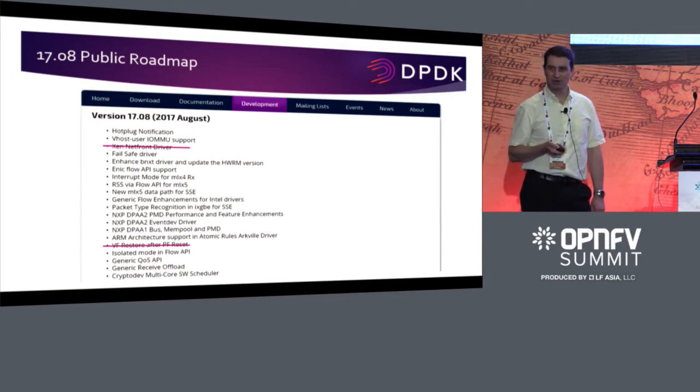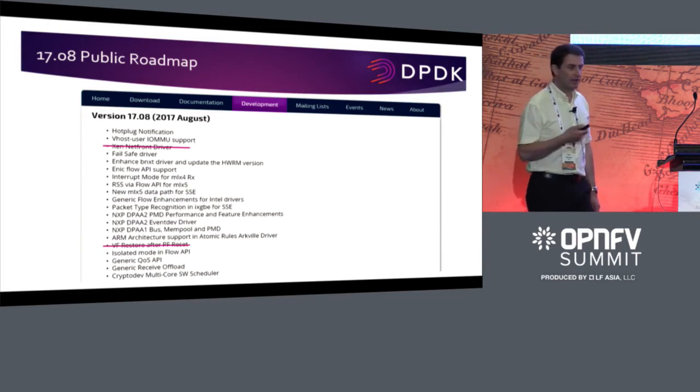The Zen NetFront driver was an activity that Brocade were planning to do for the 1708 timeframe. It didn't get submitted. They might reconsider and do that for 1711 later in the year. I'm not sure, to be honest, exactly what their plans are there, but it didn't make the cutoff point for 1708, so it won't be there.